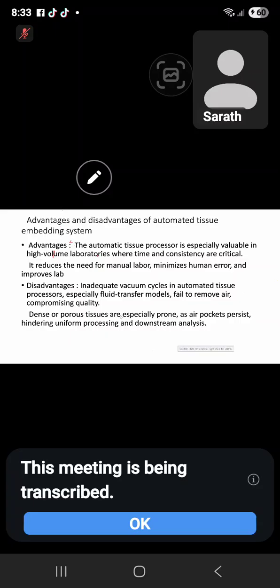Dense or porous tissues are especially prone, as air pockets persist, hindering uniform processing and downstream analysis. Dense, thick or porous tissues which have pores may carry air pockets and give problems. The wax embedding will be affected.